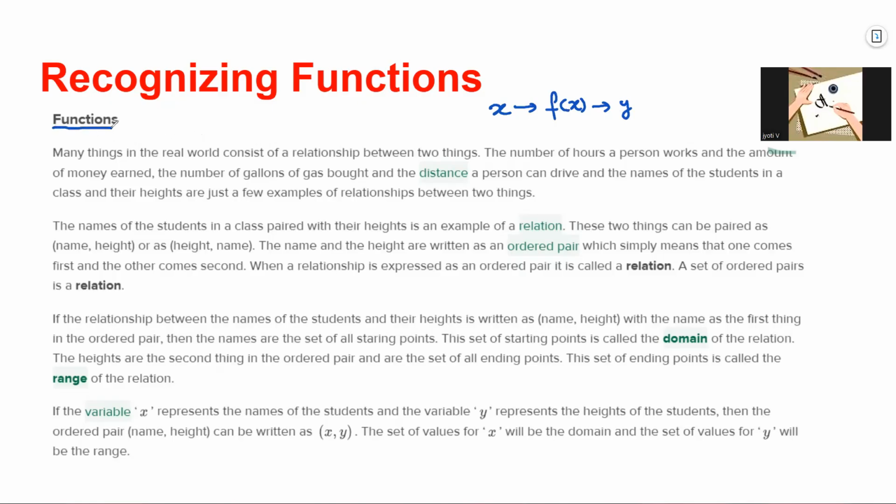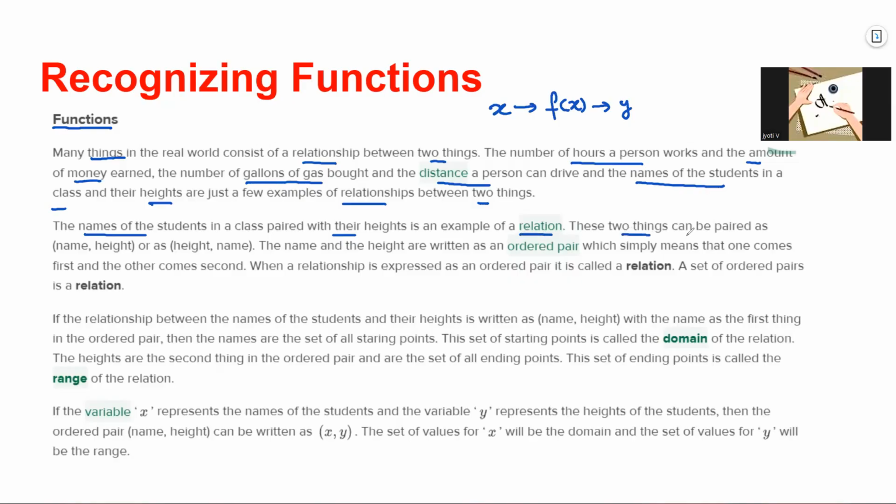To understand functions better, let me give a very quick read. What are functions? Many things in the real world consist of a relationship between two things: the number of hours a person works and the amount of money earned, the number of gallons of gas bought and the distance a person can drive. The names of students in a class and their heights are a few examples of relationships between two things. The names of students in a class paired with their heights is an example of a relation.